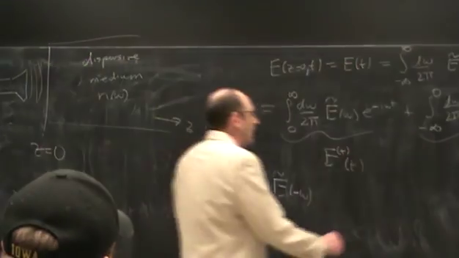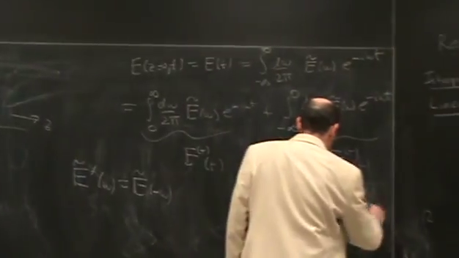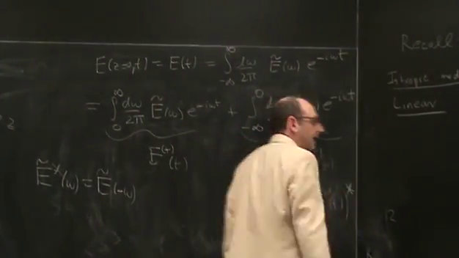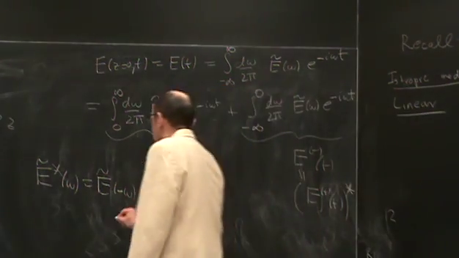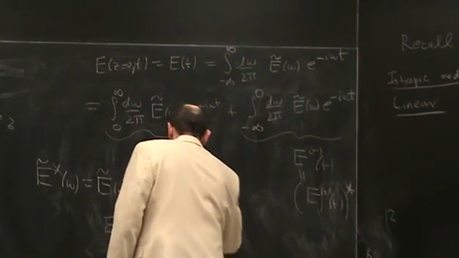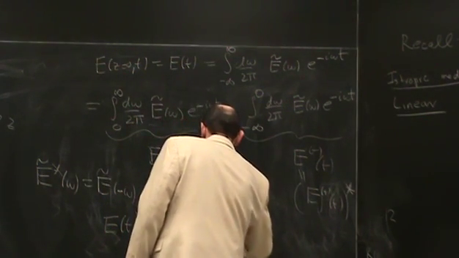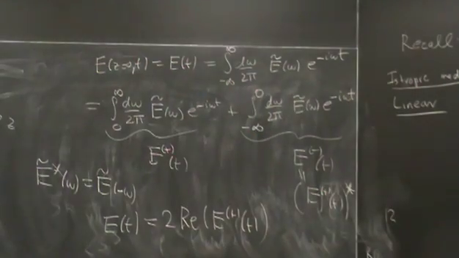And that means this is equal to the conjugate of the positive frequency component. So my signal as a function of time is twice the real part of the positive frequency component. Something plus its complex conjugate is twice the real part of that something.